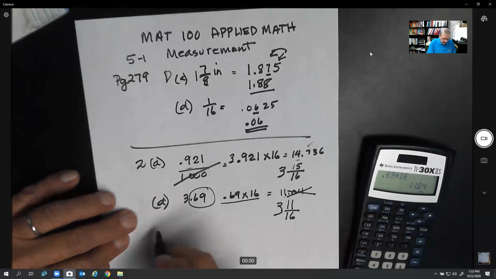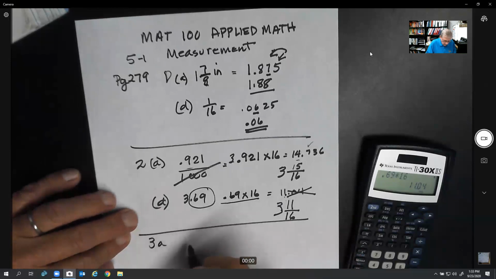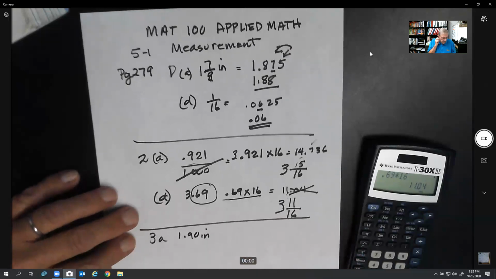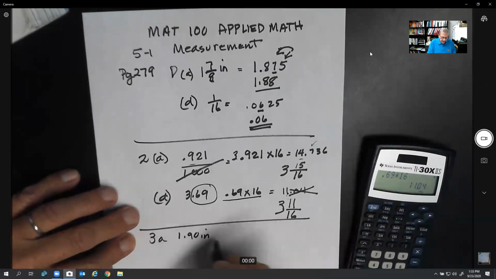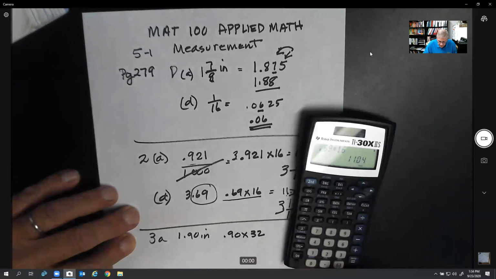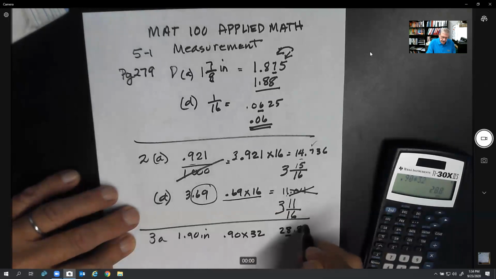Try number 3A. Next section, 1.90 inches. They want us to round this to 32nds. So again, we're going to take the 0.90 times 32 because we want 32nds. 0.90 times 32 is 28.8. 8's pretty big.